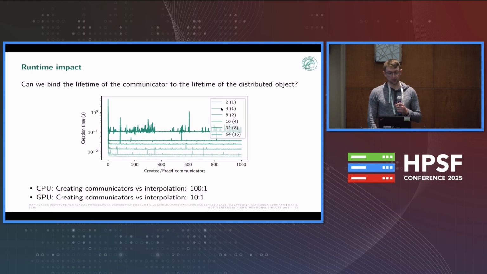So if we want to bind the lifetime of a communicator, what kind of cost should we think about in terms of runtime? This is, again, a simple scaling from a single node to multiple nodes, from 2 to 64 processes. Creating a communicator on a single node with one process is still pretty cheap, so we wouldn't worry about this in the low case, but if we want to scale, this might become expensive.